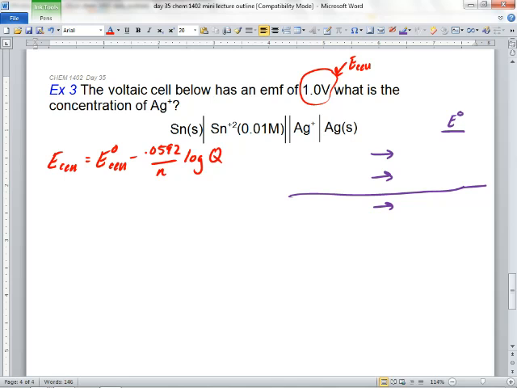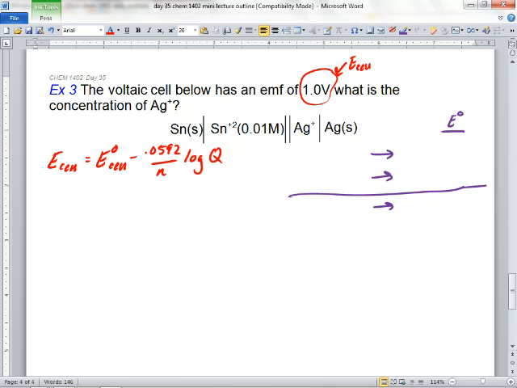So this one has to go to that one. This one has to go to that one. And that's what you put in here. Yeah. And now we know what that tin is, right?